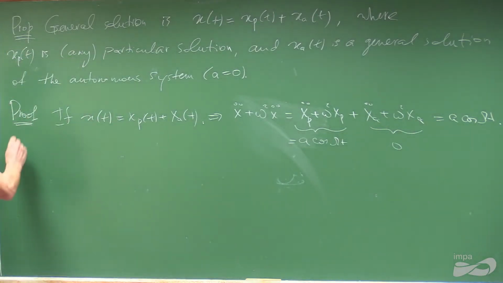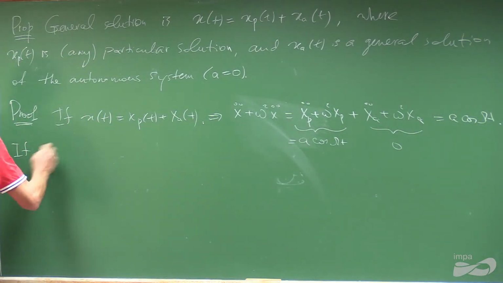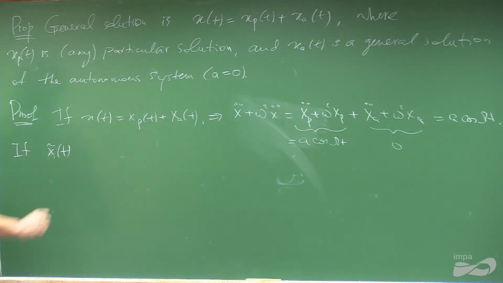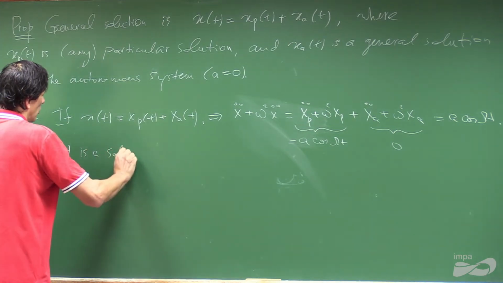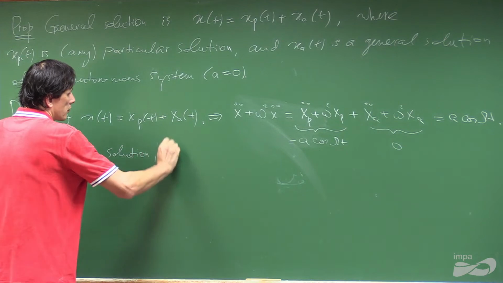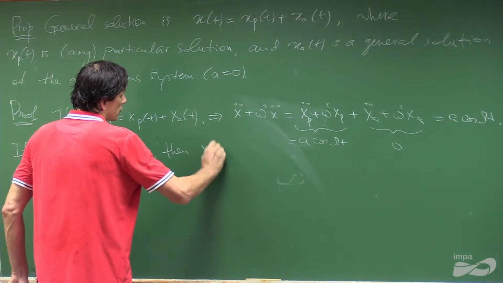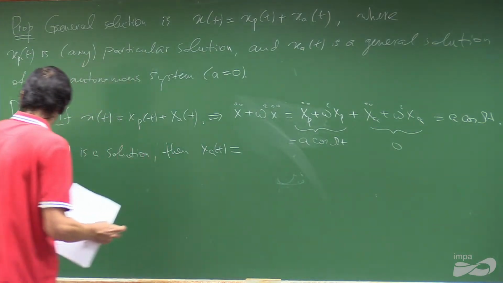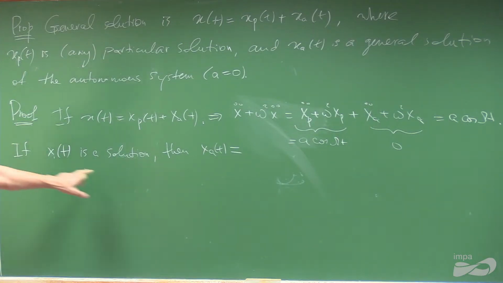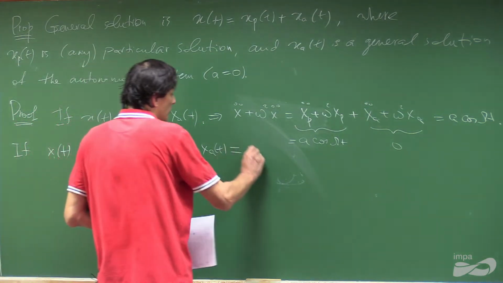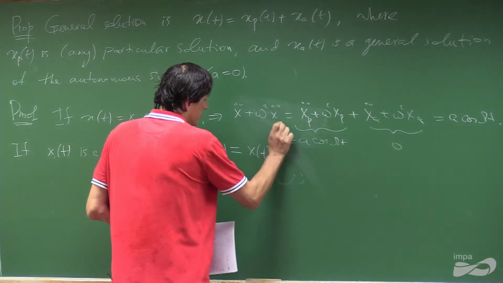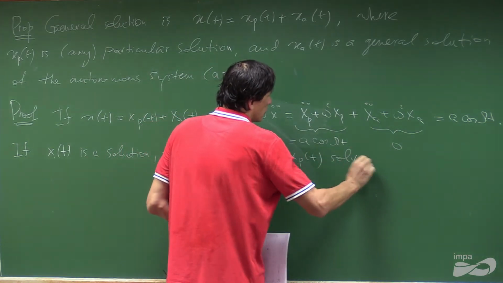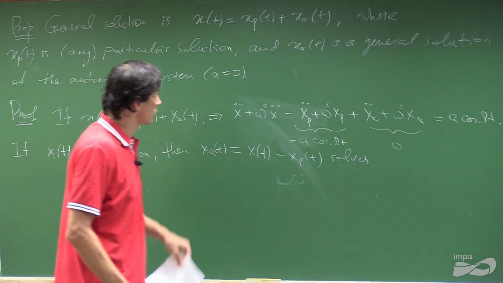And now if any x is a solution, then we just have to check that xa, which is x minus xp, is a solution of the autonomous system.